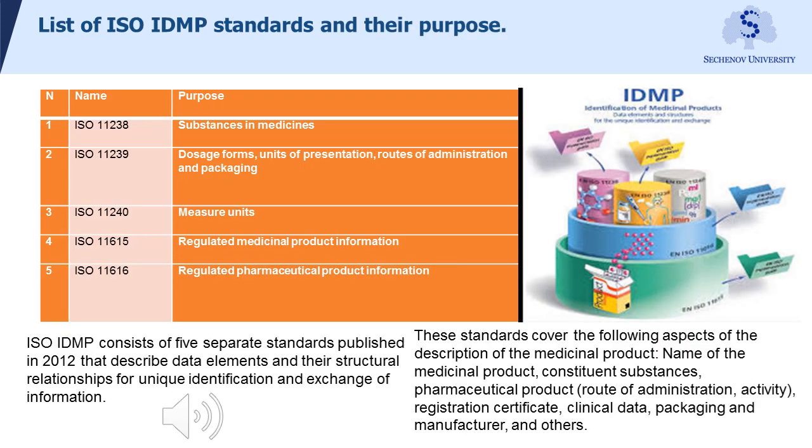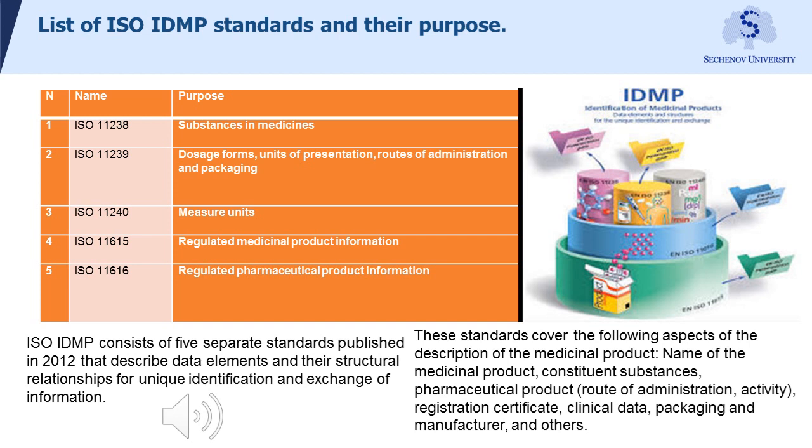To describe medicines, we have 5 different IDMP standards, and they contain information how to structure and describe data about medicines, and they are useful to exchange information about medicines from different parties.